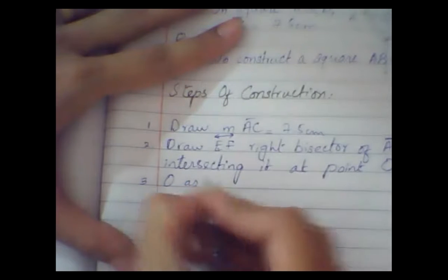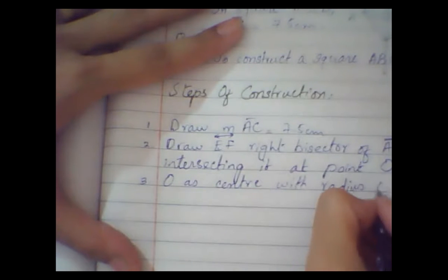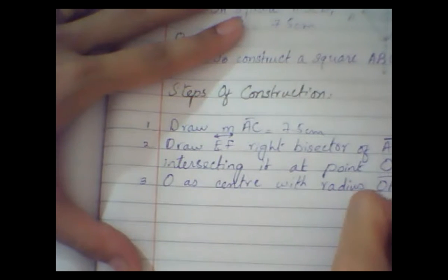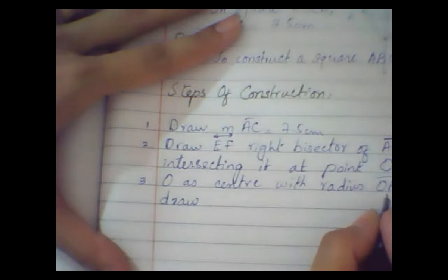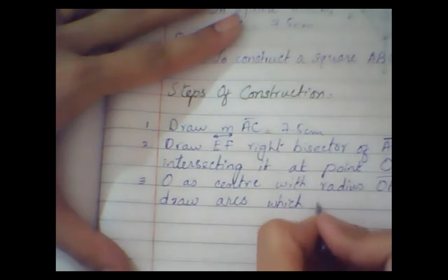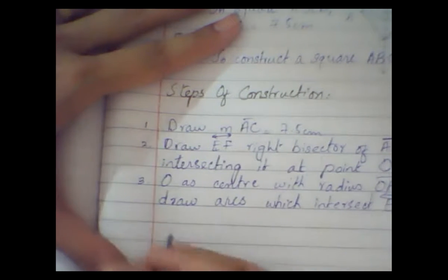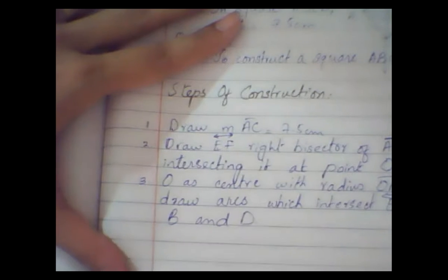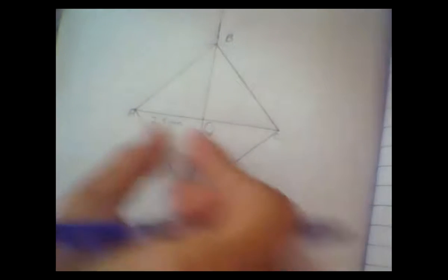In step number 3, beta, what we did: with O as center and radius OA, it's a line segment, or OC, either OA or OC, draw arcs which intersect EF at B and D. Okay, what did we do? With O as center and radius OC or OA, draw arcs which intersect EF at B and D.